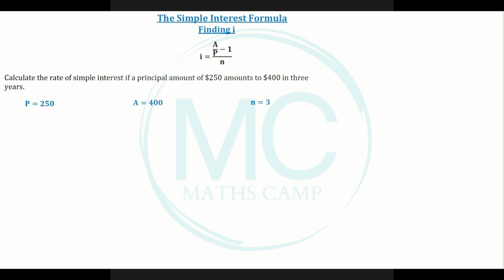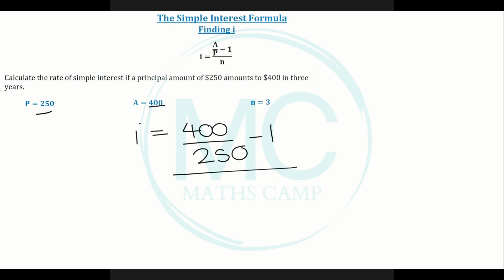Now that we have these values, we can put them into the formula. So we get I is equal to A, which is 400, over P, which is 250, minus 1, all over the value of N, which is 3.